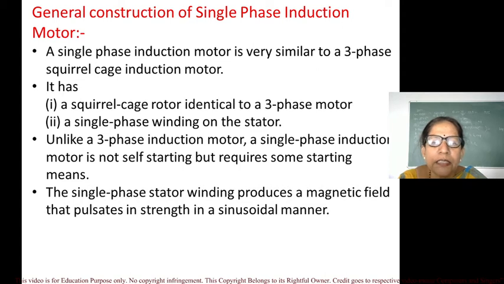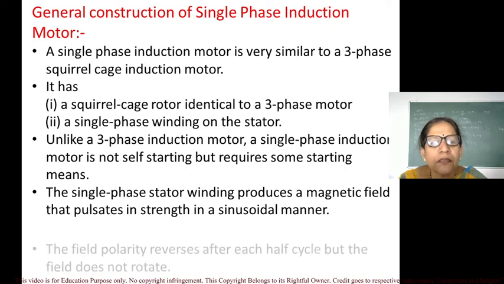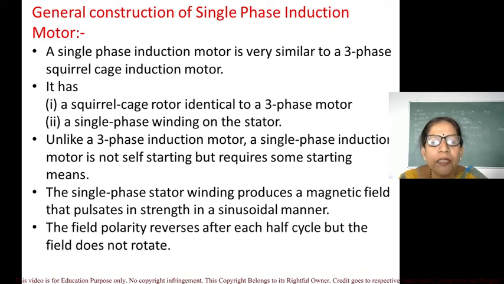The single phase stator winding produces a magnetic field that pulsates in strength in a sinusoidal manner. The field polarity reverses after each half cycle, but the field does not rotate. This is an important point to be noted: in a single phase induction motor, the magnetic field produced by the stator has an alternating nature, but it is not a rotating field.